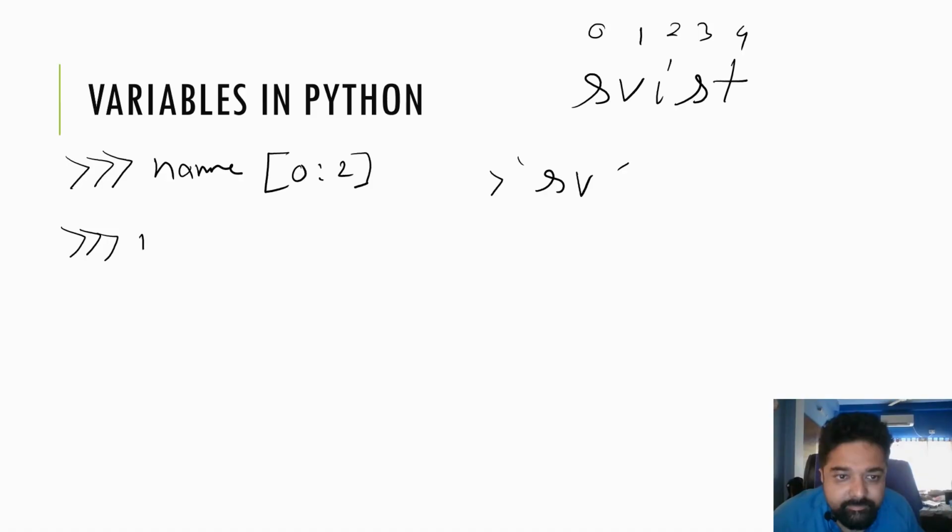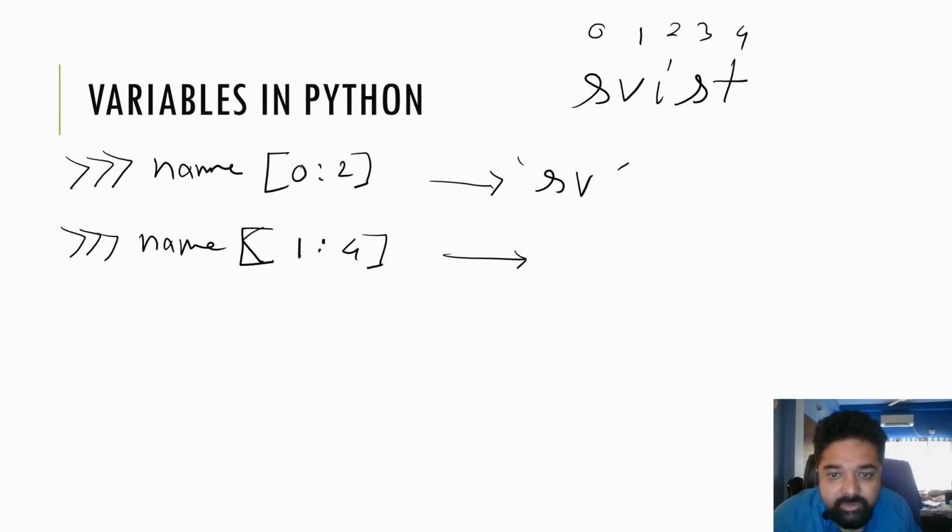If I write name[1:], what will be the output? It will be PIST.